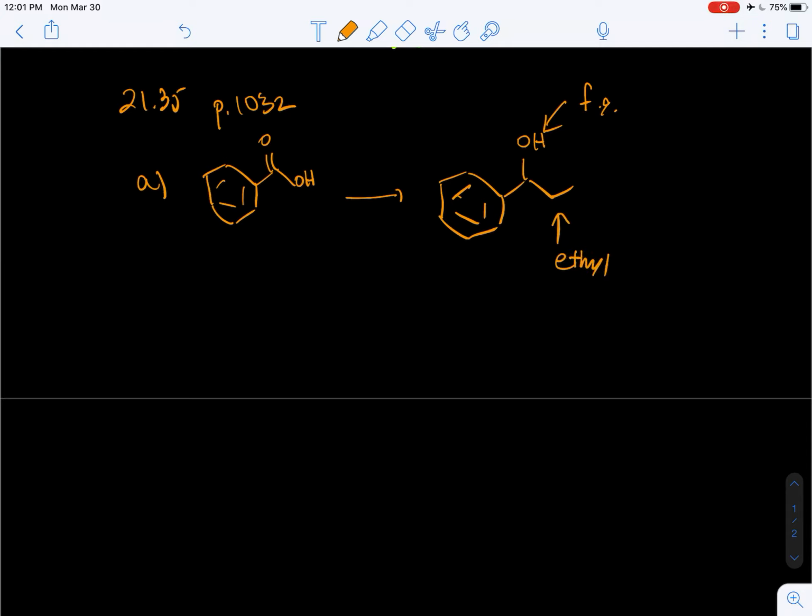Okay. Now, looking at the target molecule, I would think backwards, and I would review maybe aldehydes or ketones or something like that. And I would think, well, this could come from an aldehyde and a Grignard. Okay. So that's chapter 20.